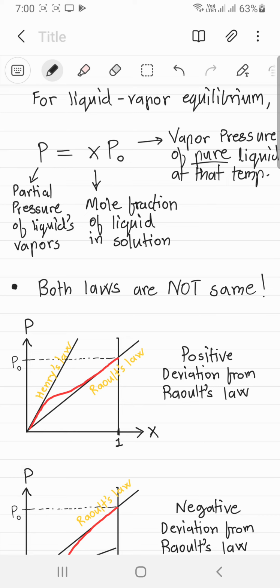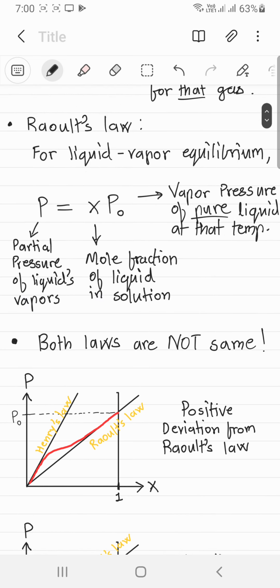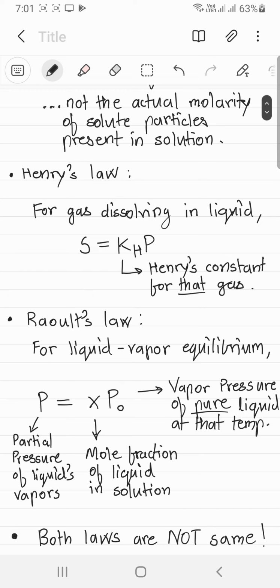And both these laws are not the same. You might think, what's the difference between Henry's law and Raoult's law, except that Henry's looks more general, because Henry's constant could be anything. And for Raoult's law, we have a specific constant, that is P naught, which is measurable. So it looks like Raoult's law is just a consequence or a special case of Henry's law.